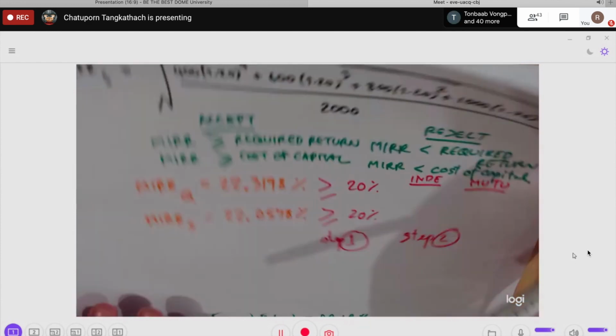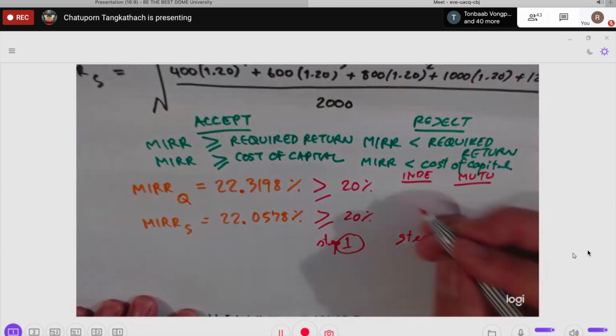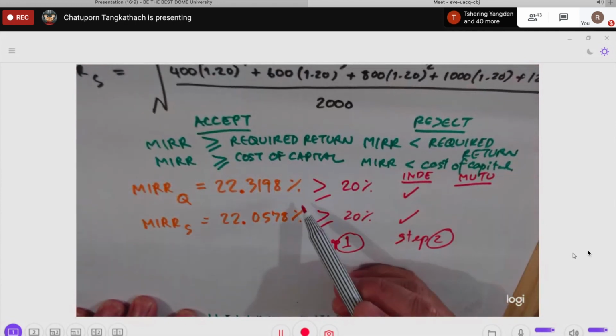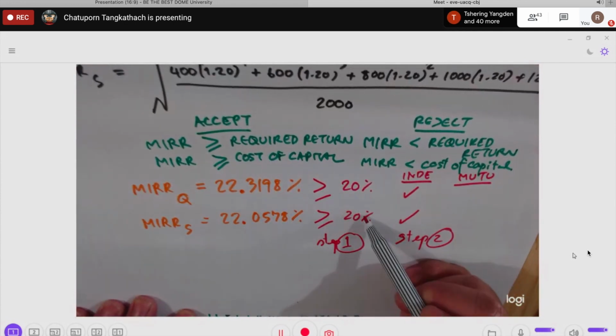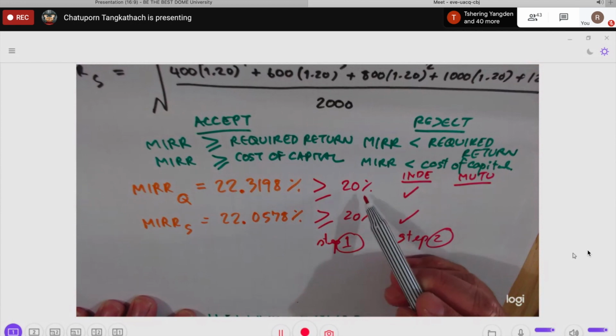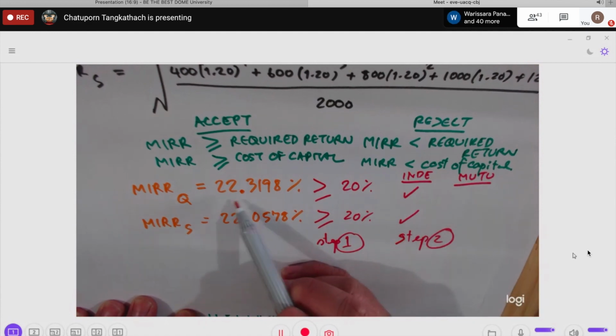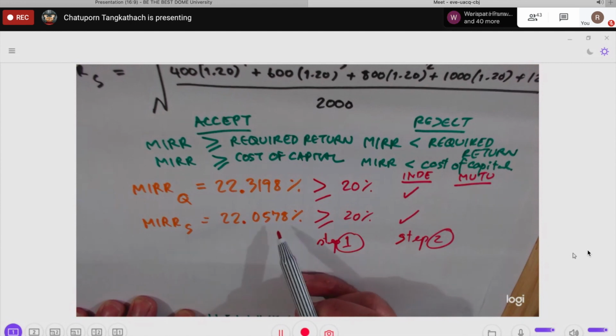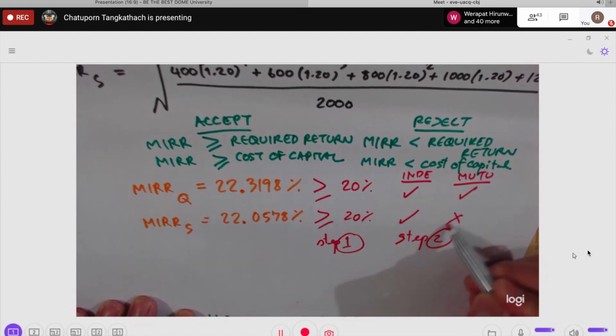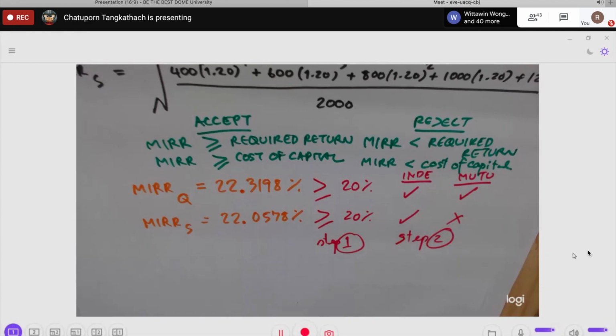For independent projects, we are going to accept both of them since they are not related and both pass the first step. In the mutually exclusive environment, you are going to accept only one. Between 22.32% versus 22.06%, we accept the one that gives us the greater return per year. This is the answer for our decision here.